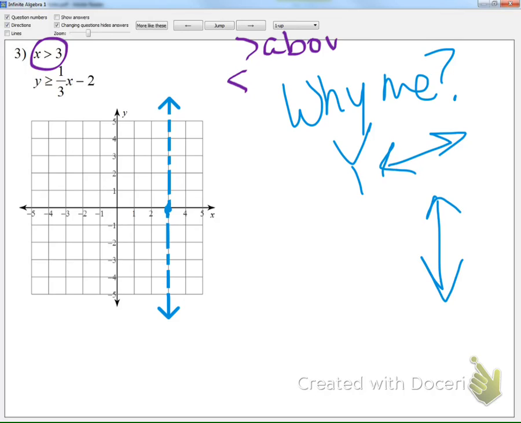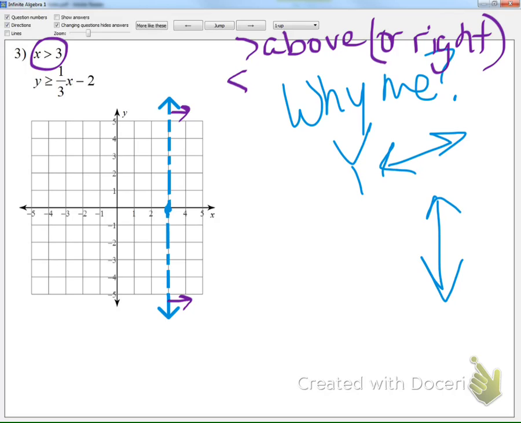Well, look at this line here. How can you say above the line when it's straight up and down? Well, we're going to add something else: or to the right, going positive, of a vertical line. So this is one of those special circumstances. If you have a vertical line, you can't go up, but you can go to the right.